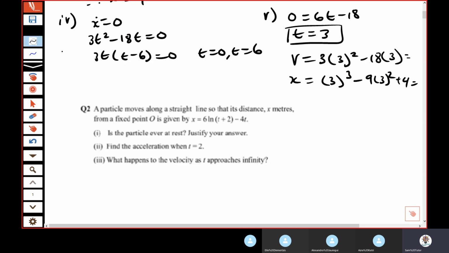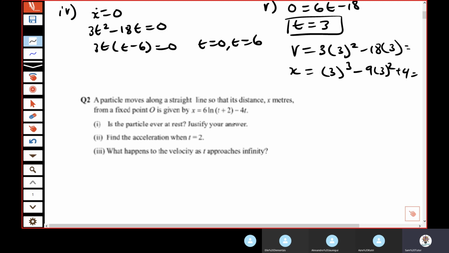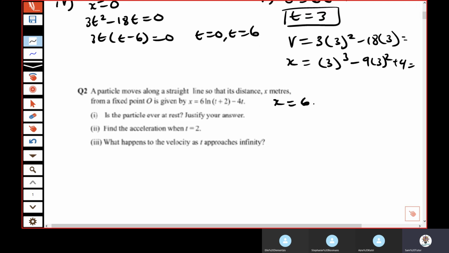Again, a particle moves along a straight line so that its distance x meters from a fixed point is 6 log(t + 2) minus 4t. Is the particle ever at rest? When is the particle at rest?